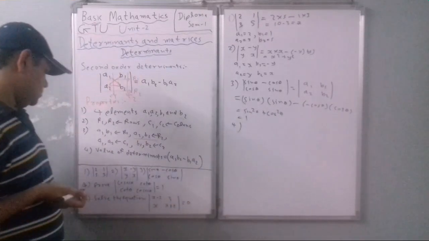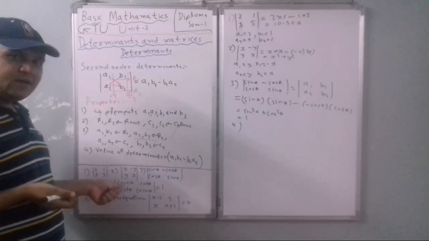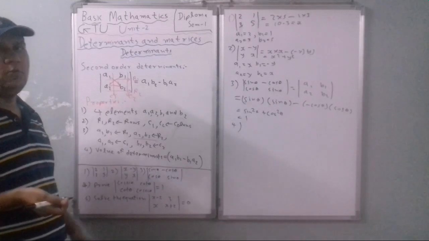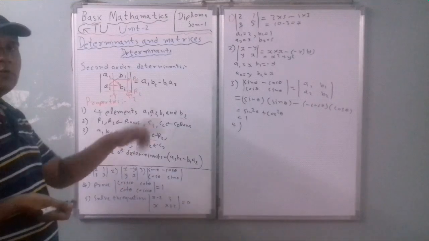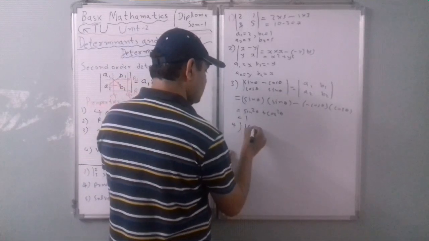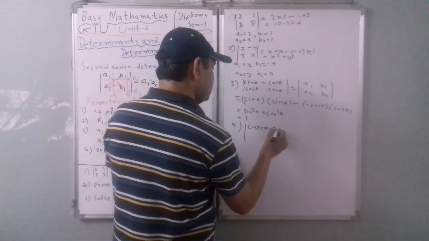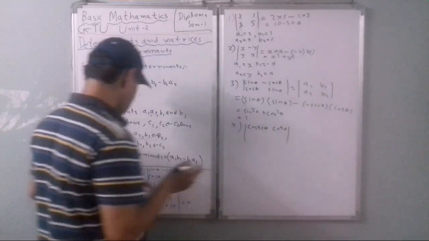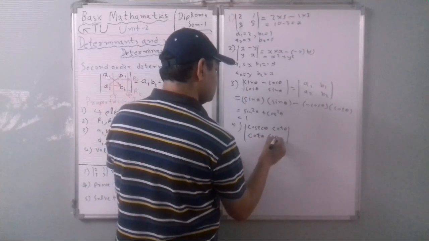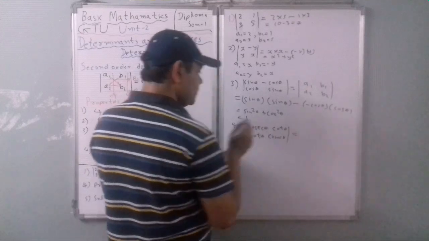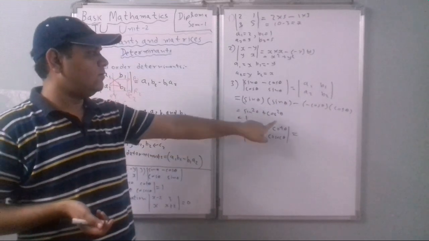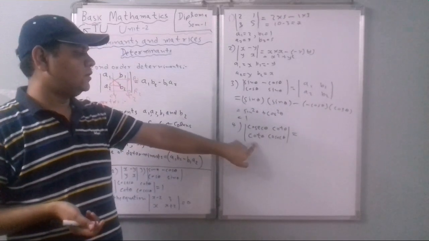Fourth example. Prove that the determinant cosec theta, cot theta, cot theta, cosec theta is equal to 1. We want to prove this is equal to 1. So let's take the LHS. Here comparing, A1 means cosec theta, B1 means cot theta, A2 means cot theta and B2 means cosec theta.